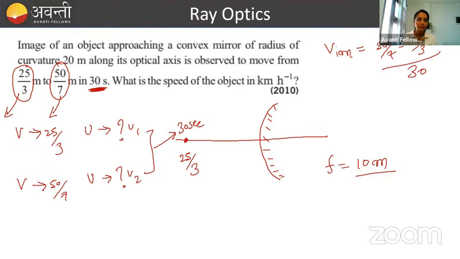So if this is a convex mirror, then V should be taken as positive, as the image will get formed between focus and pole, right? Incident light is in this direction, and focus will also be positive. Convex mirror you know, right? Convex mirror will look like this.